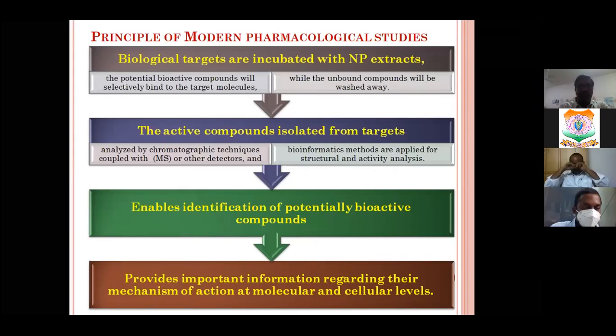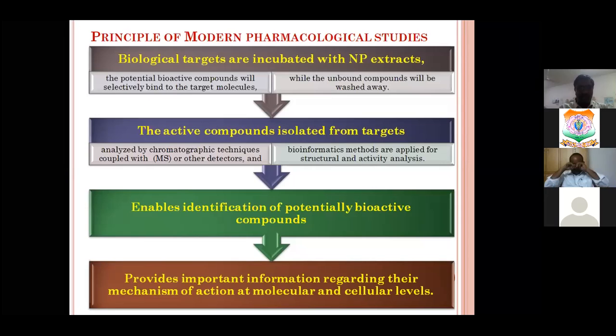Using other detectors, we will be able to identify the active constituents in that particular extract. At the same time, using bioinformatics technology, we can get some structure and activity information.